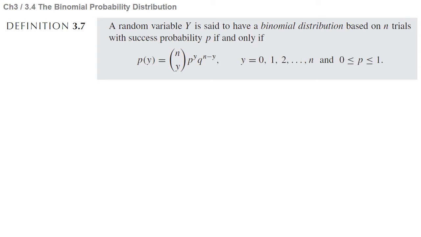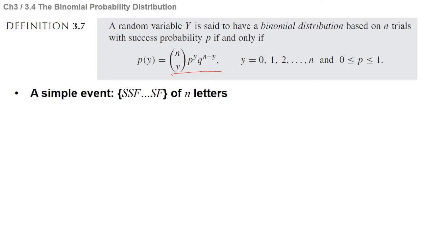Okay, for Definition 3.7, a random variable Y is said to have a binomial distribution based on n trials with success probability p. So let's check why this is true. For a binomial, a simple event could be represented as a sequence of n letters, each a Bernoulli trial: success, failure, success, failure.